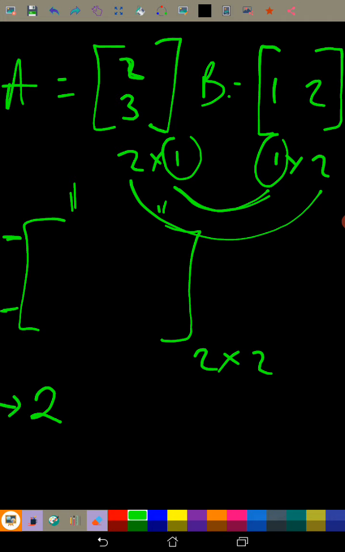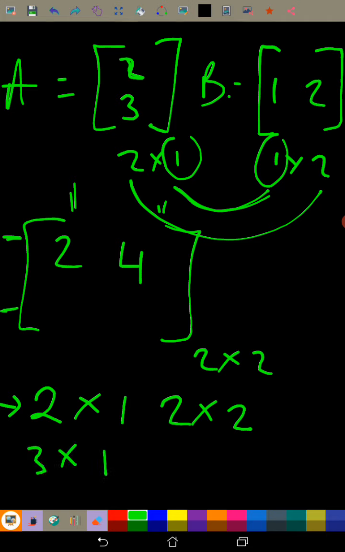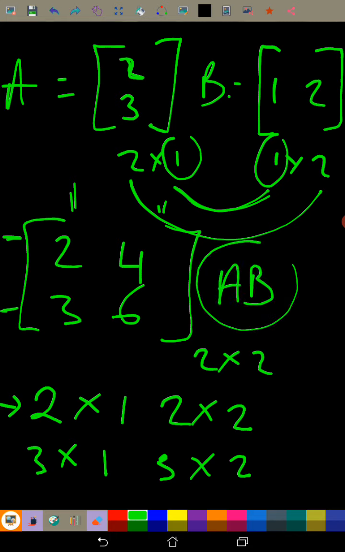So 2 times 1, you get 2. 2 times 2, you get 4. So 2, 4. Now you take 3 times 1, you get 3. 3 times 2, you get 6. 3, 6. And that's AB. That's the result of the multiplication.